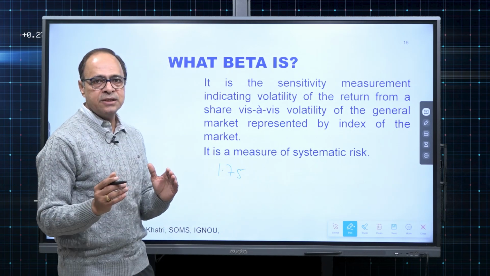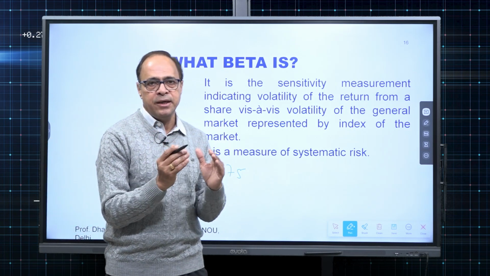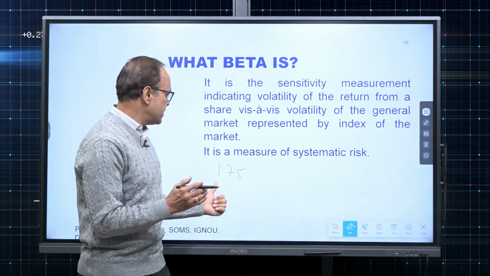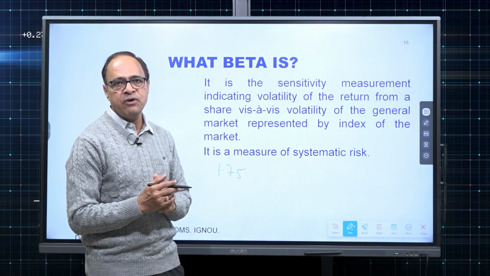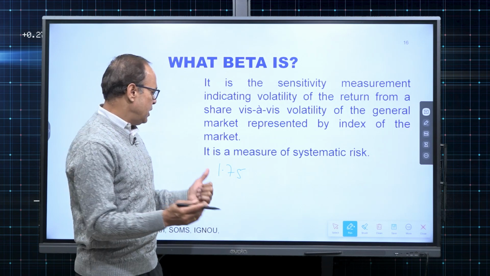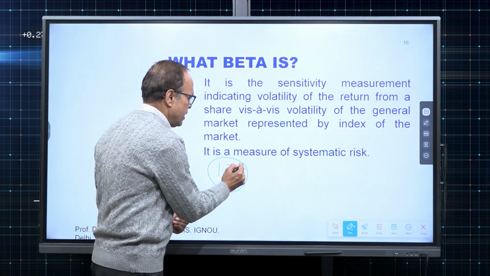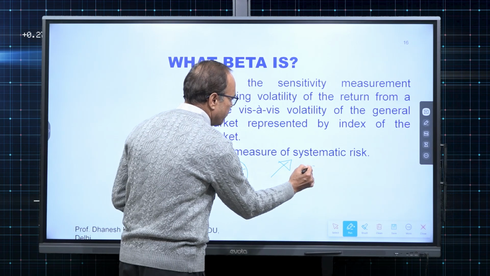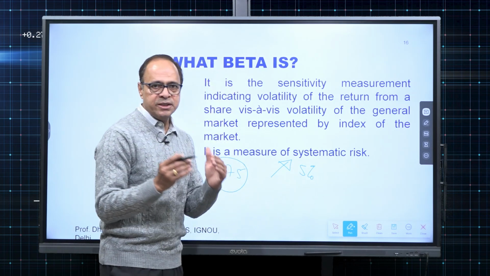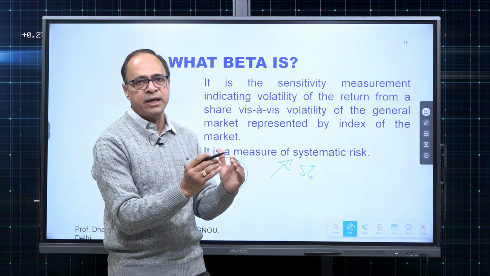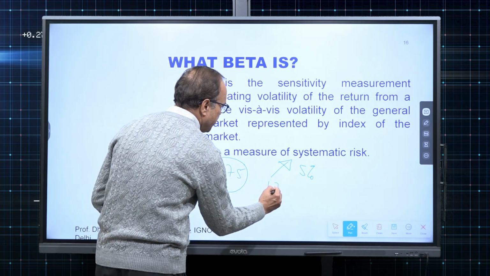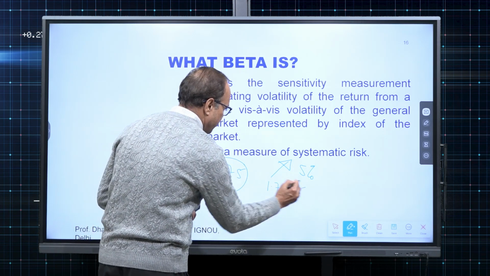that simply means if on a particular day market is going up by 1%, return from this share will go up by 1.75%. Or if beta is 1.75 and on one particular day index of the market rises by 5%, then due to its association with the index of the market, return from this particular stock will go up by 1.75 multiplied by 5.